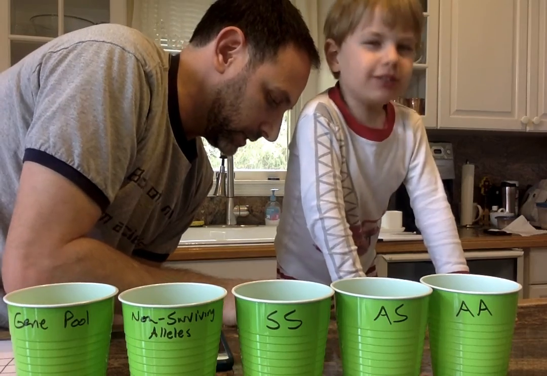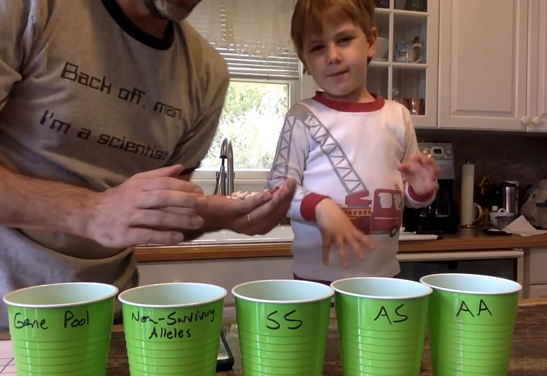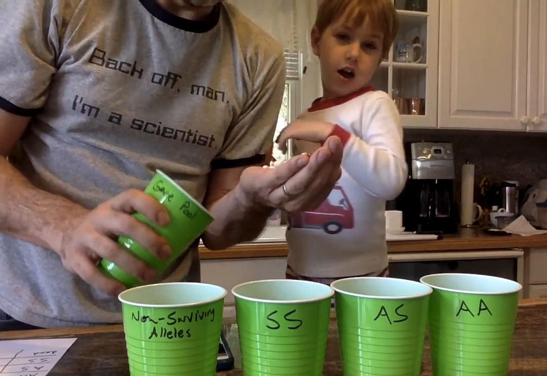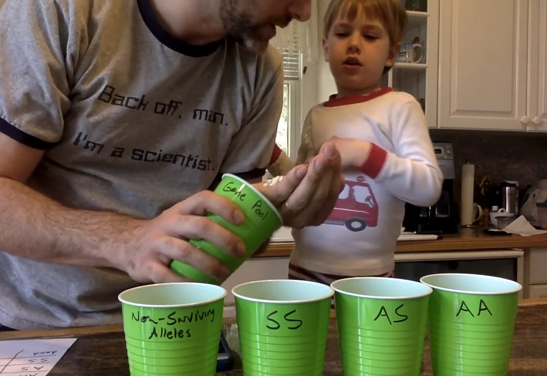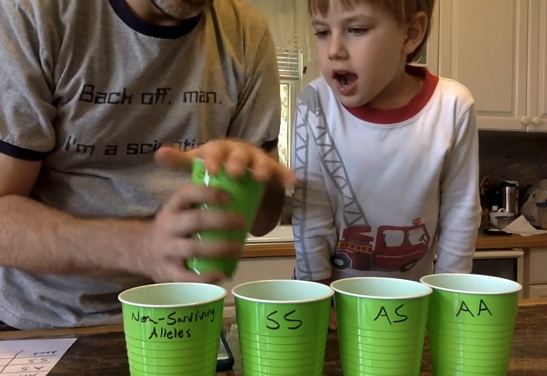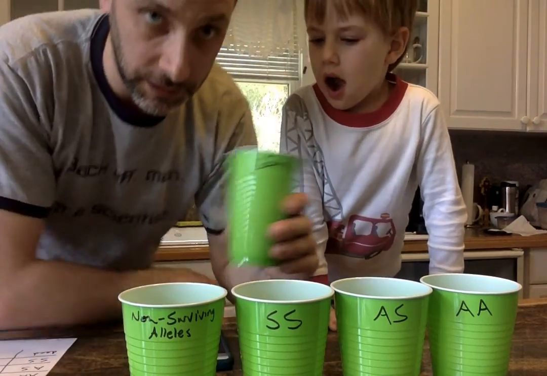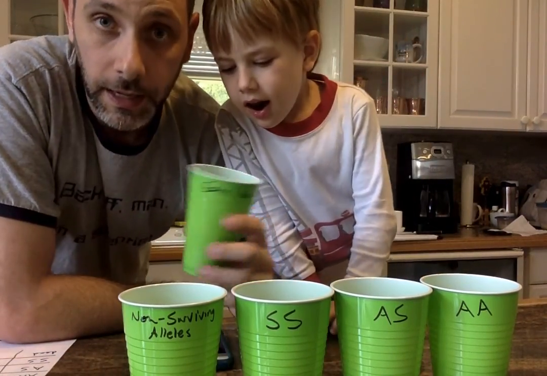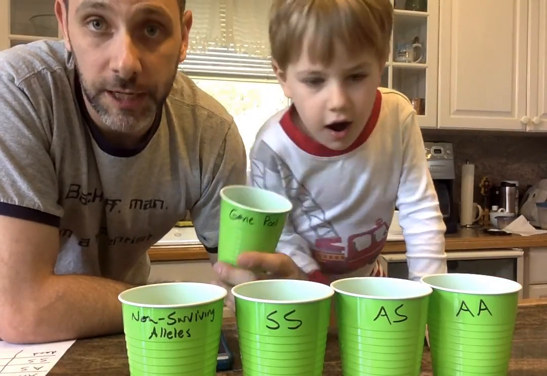So I'm going to take the 100 beans and put them all in the gene pool, and mix them up a little. And I'm going to demonstrate how to do the F1 tally.